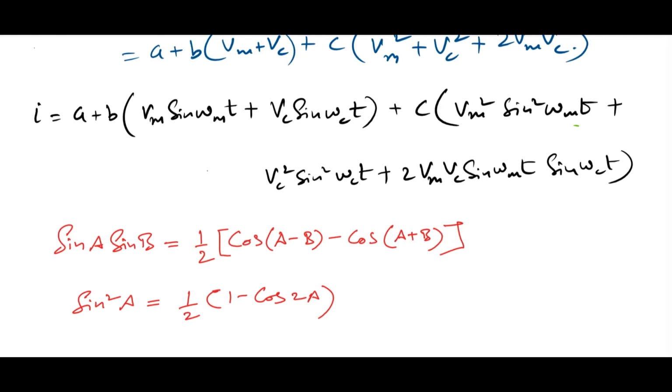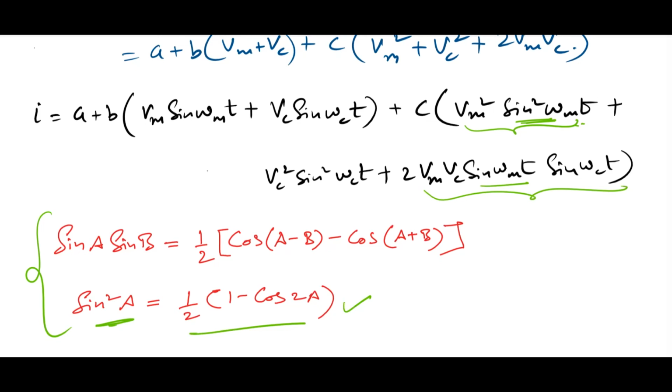Now we will simplify the equation using trigonometric identities. This is of the form sine square A, which can be written as half of (1 minus cos 2A). Likewise, here it is sine A multiplied by sine B, which can be written as 1 by 2 (cos(A minus B) minus cos(A plus B)).